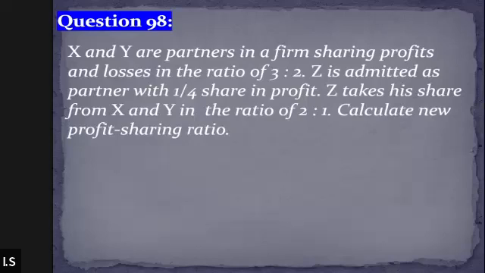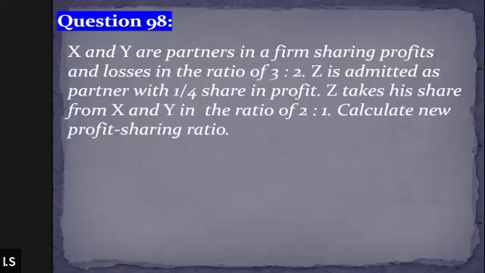But that cannot be done unless Section 31 of the Indian Partnership Act 1932 is complied with, which is that the consent of all the partners is important in order to admit a new person as a partner.